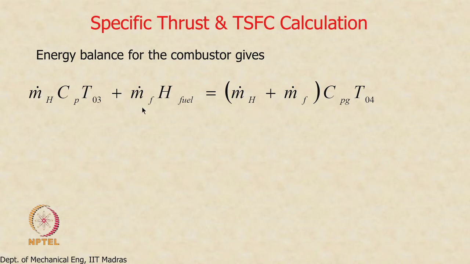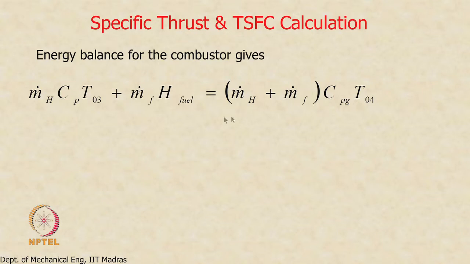But notice that here we cannot ignore mf dot, because H fuel is a very large number. If you remember, H fuel is 45,000 kilojoule per kilogram. So that multiplied by mf dot will still be a very big number, so we cannot neglect this. If you neglect this, then this equation will become meaningless. That also is an indirect check of this equation.